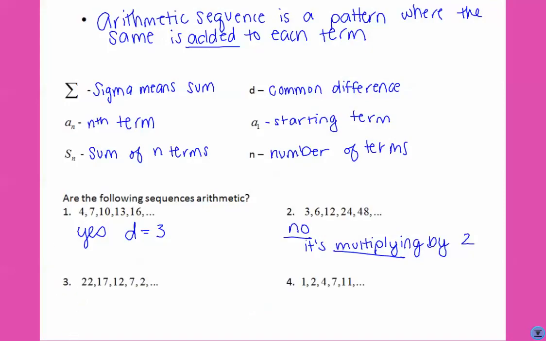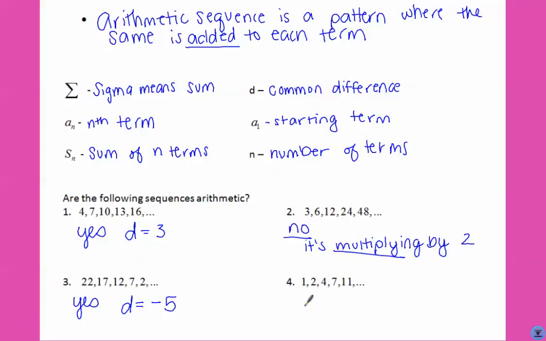Number 3 might seem like it's not arithmetic, but it is. We're adding, but this time we're adding a negative number. So our common difference is negative 5.